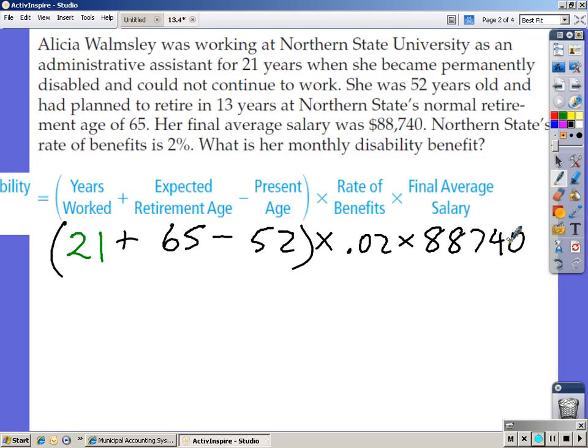All right, go ahead and figure that out. 21 plus 65 minus 52, that's 34, times 0.02 times 88,740.